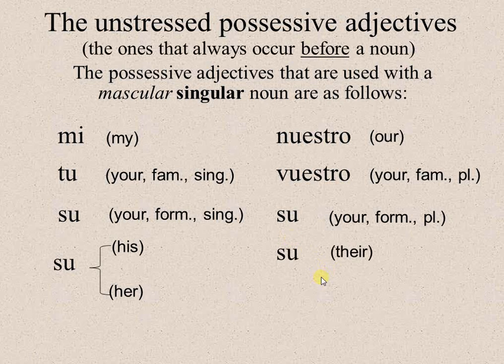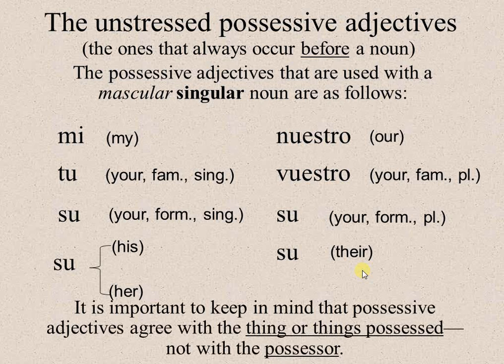Su also means their. Wow, look at su, all the meanings for su. Su could mean your in the formal way, singular form, his, her, also your in the plural form, something that belongs to all of you, and their, something that belongs to them, okay?